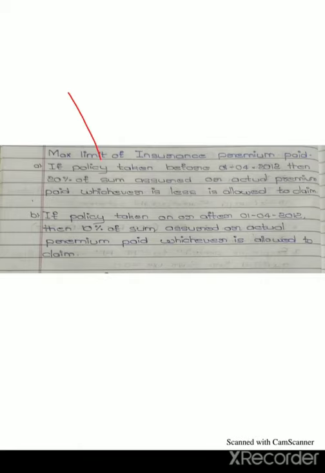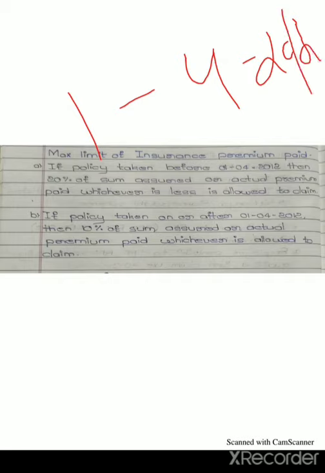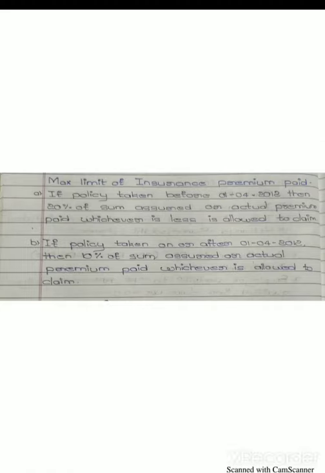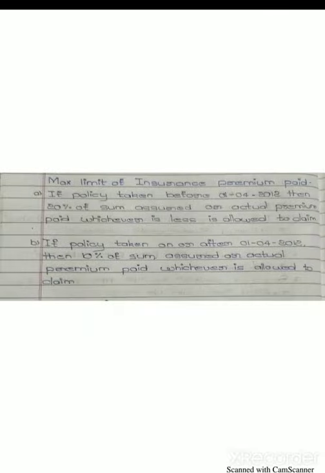If the policy is taken on or after 1/4/2012, then 10% of the sum assured or the actual premium paid, whichever is less, is allowed to claim. So this is the limit. Remember it. Policy amount does not include bonus or any premium to be returned. The premium paid in excess of the prescribed limit is not deductible.